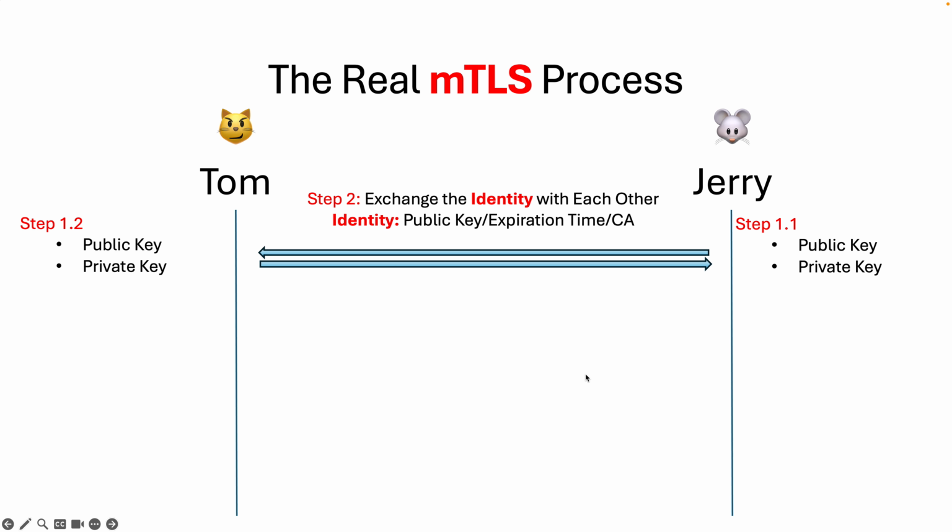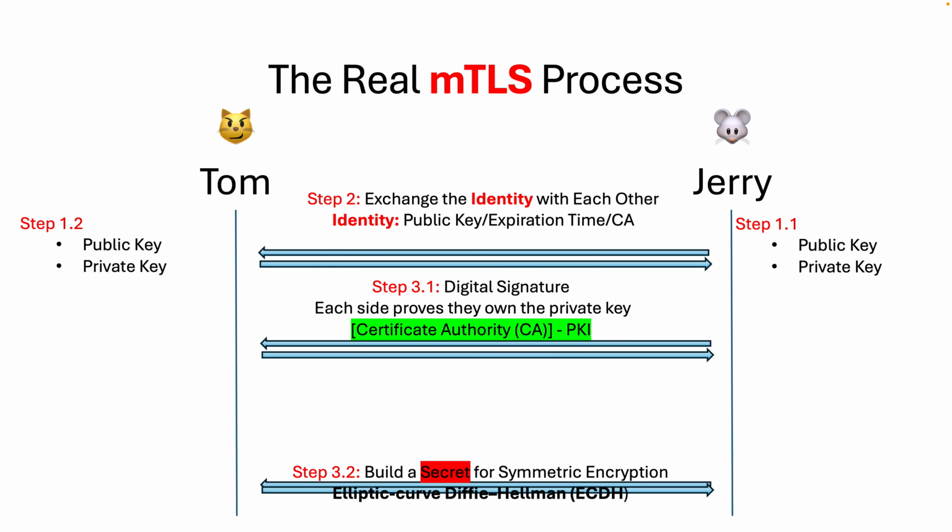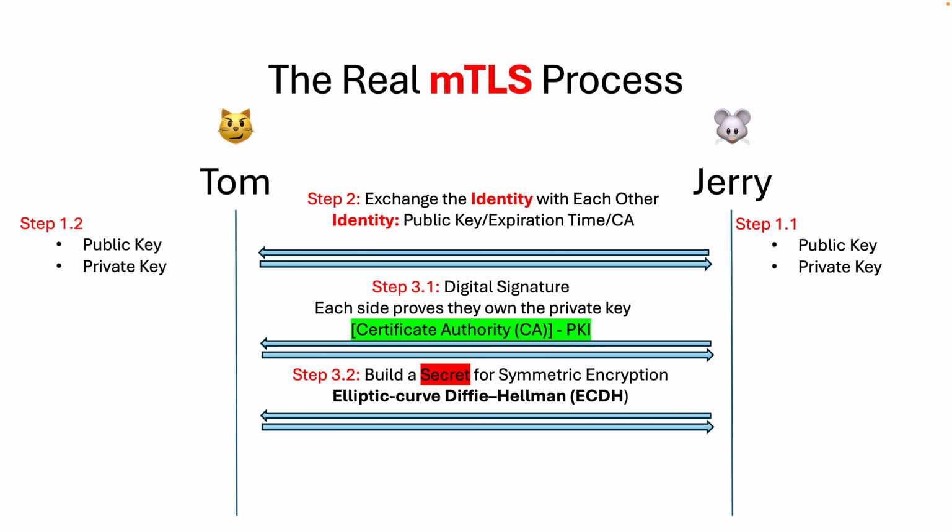This is a certificate. And then step 3, they will send digital signatures to each other to prove they own the private key. Each side proves their identity by signing with their private key. The other side checks the signature using the public key from the certificate.